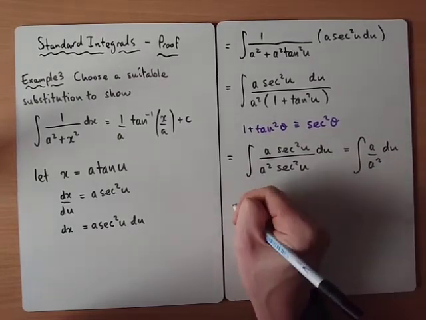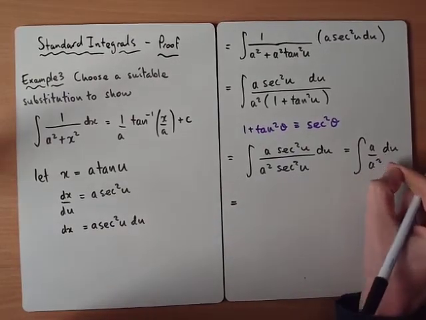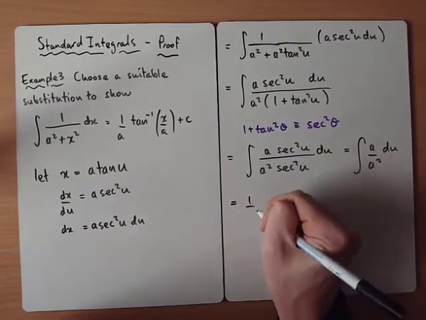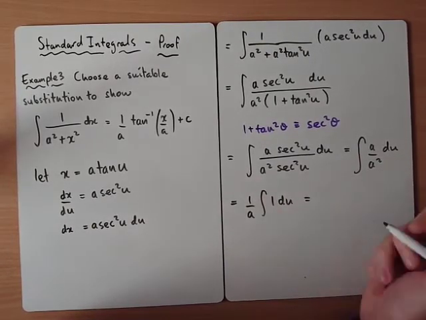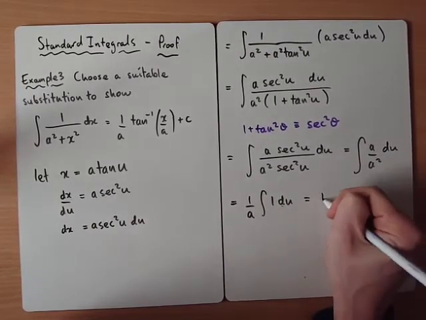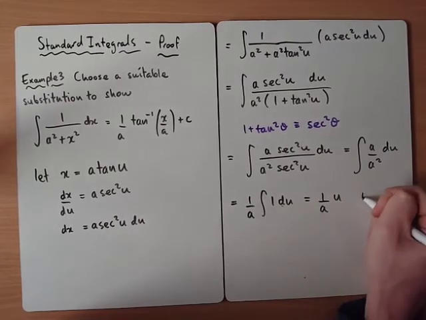Don't forget a is a constant. Don't start doing anything weird with a. a over a squared is 1 over a. Take the constants outside and you're integrating 1 again with respect to u. Okay, so 1 with respect to u would become u.